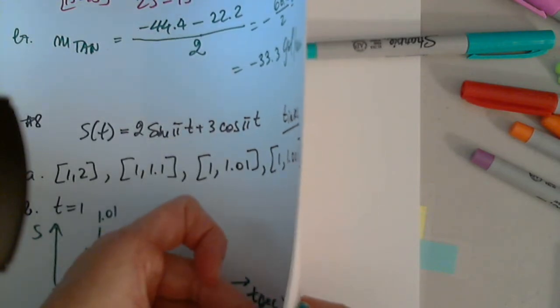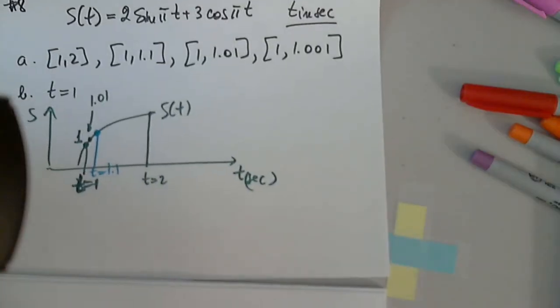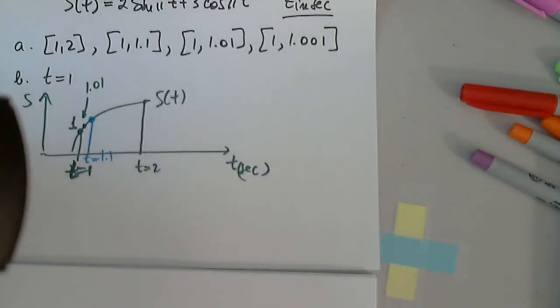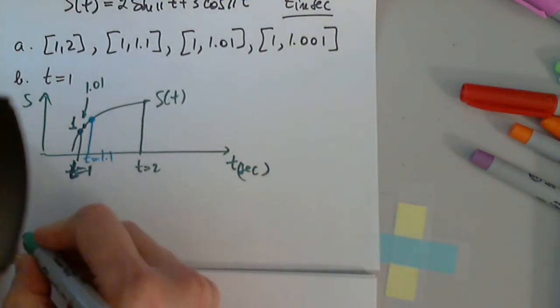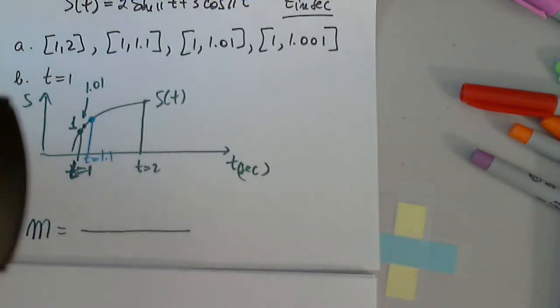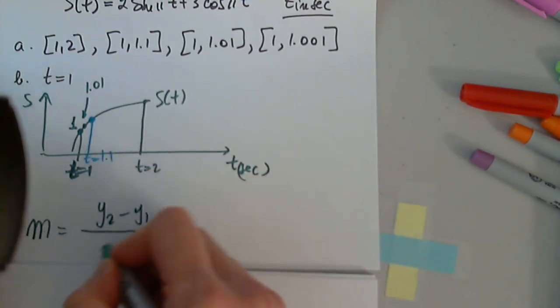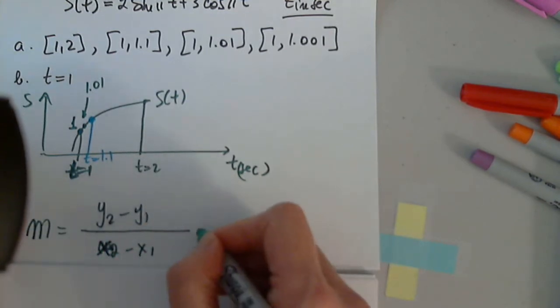I'm not going to do this by hand 4 times. I highly recommend creating a function to plug in. Can anyone tell us what changes and what does not change in this problem? So the slope in general, right, is y2 minus y1 over x2 minus x1.